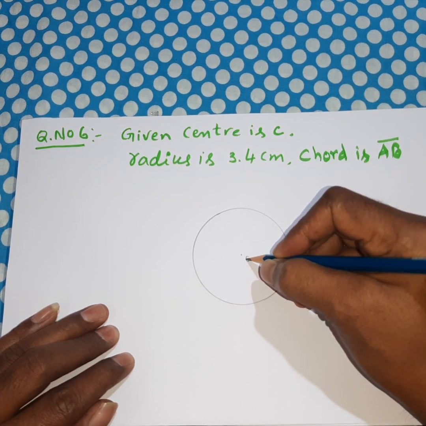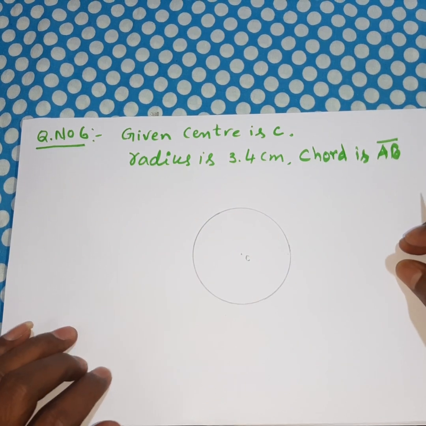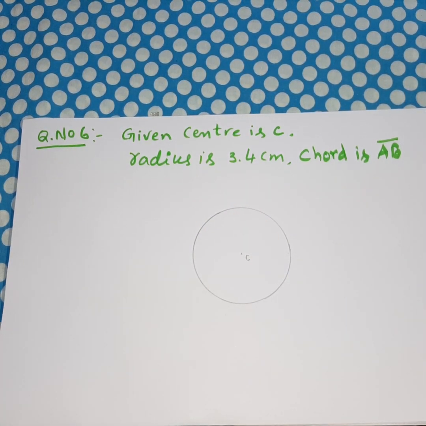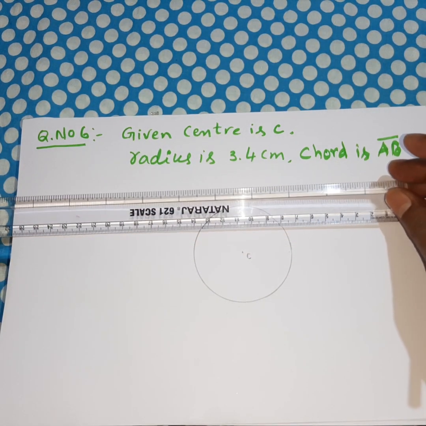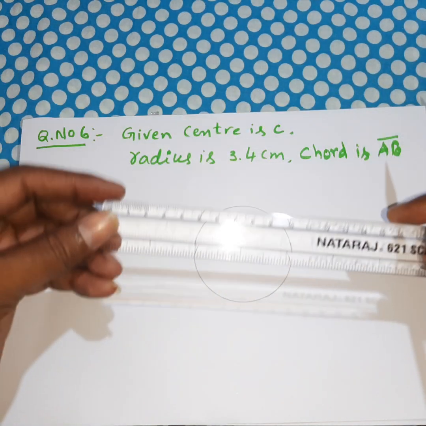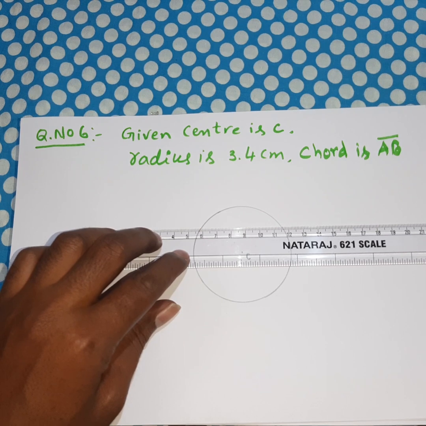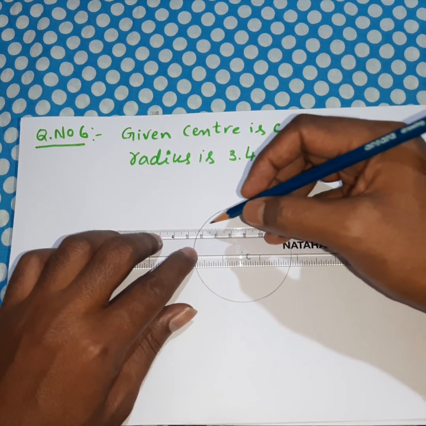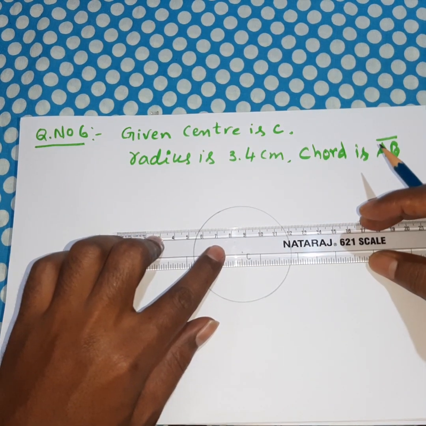Now take any chord AB. What is the meaning of chord here? A chord is nothing but a line joining any two points on the circle. Now I am going to take AB above the center, and I am drawing a line.